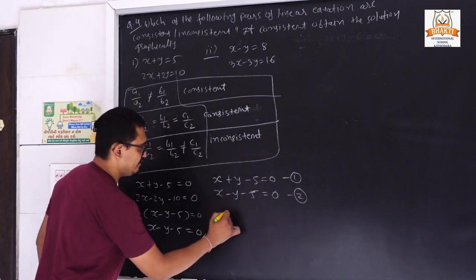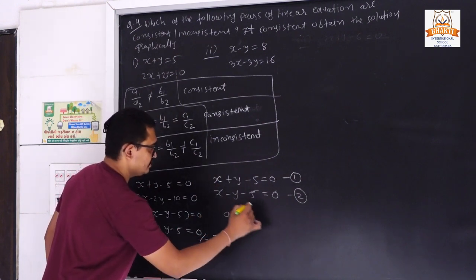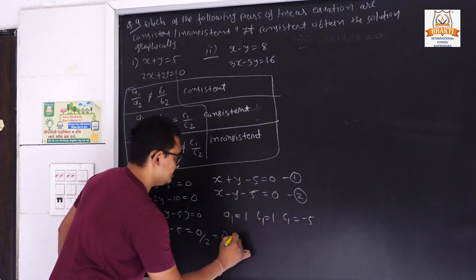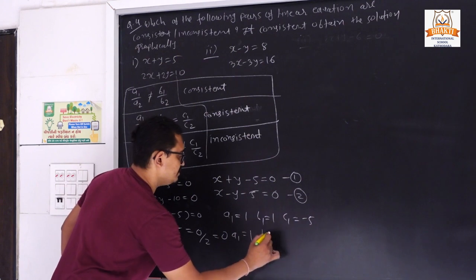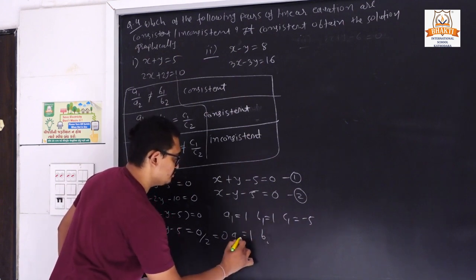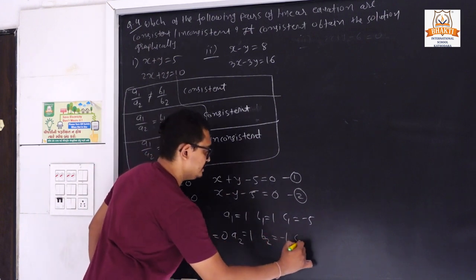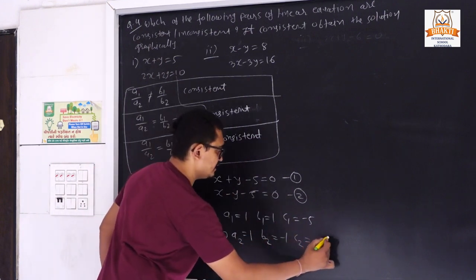Now compare a1 is 1, b1 is 1, c1 is minus 5, a2 is 1, b2 is minus 1 and c2 is minus 5.